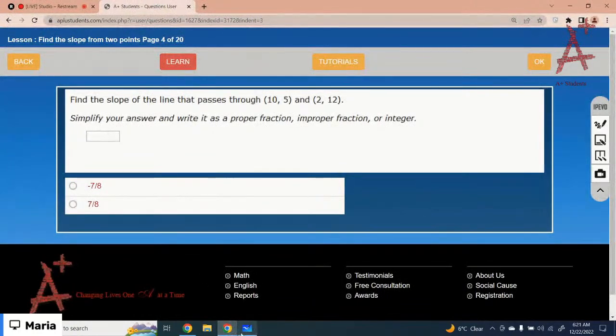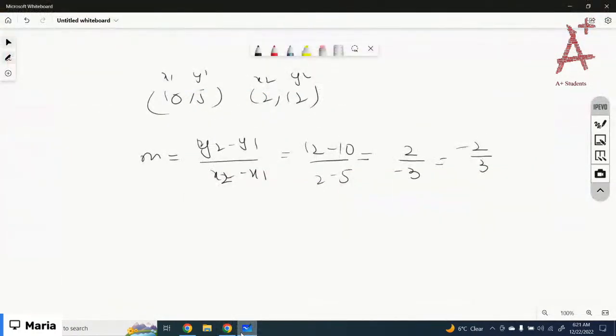Let me look at this one again. The points are (10, 5) and (2, 12). y2 minus y1, 12 minus 5, and x2 minus x1, 2 minus 10. 12 minus 5 is 7, and 2 minus 10 is negative 8.